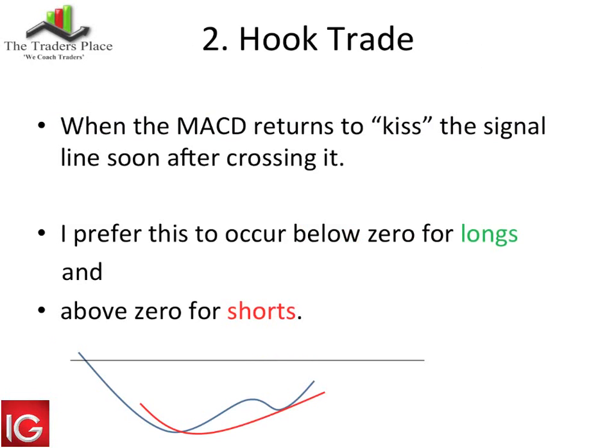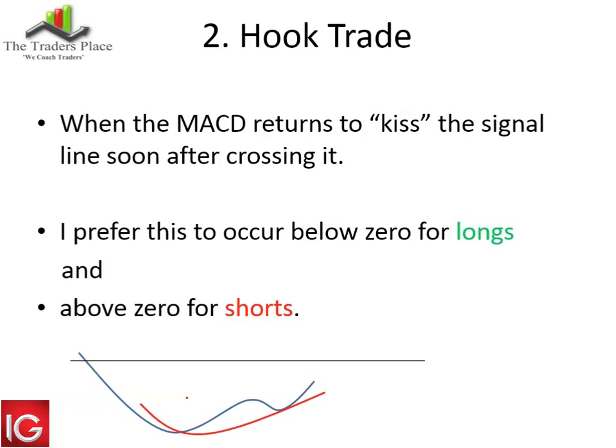On the hook trade, these ones come around a little bit more often. They can be quite difficult to see as they're occurring, but how it works is when the MACD returns to just kiss the signal line soon after the previous cross. So in my little picture at the bottom, we've got the initial MACD crossing the signal line. The MACD then moves higher.